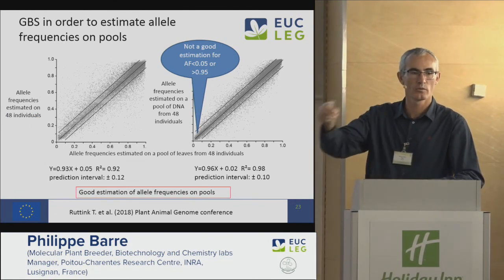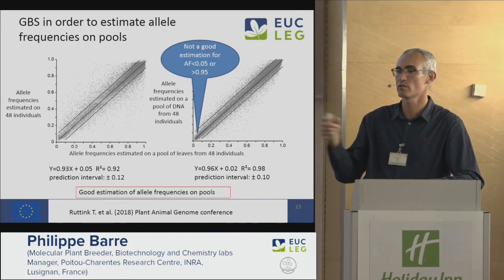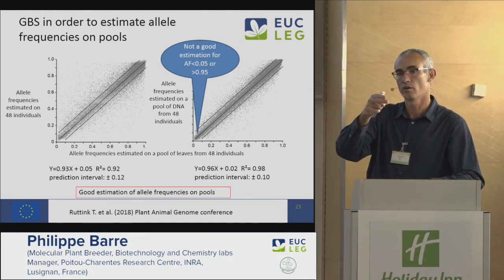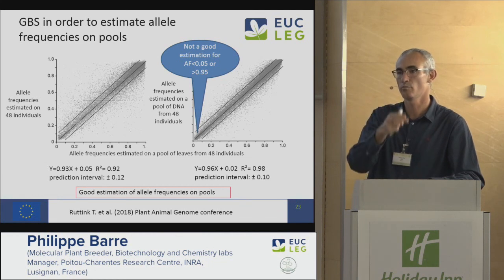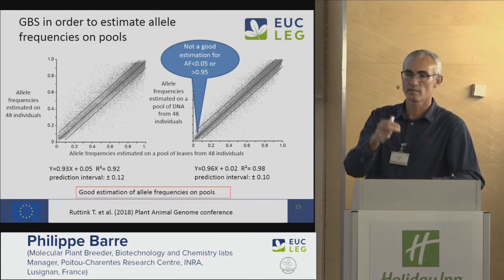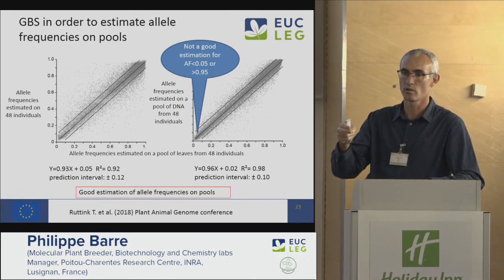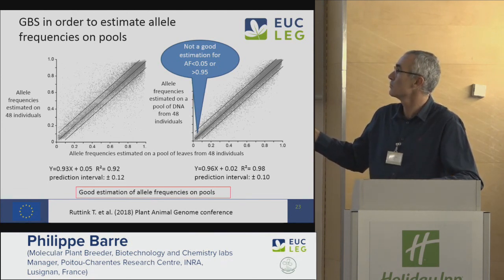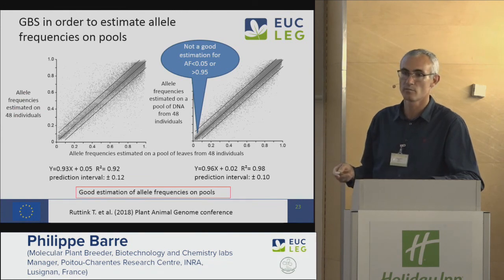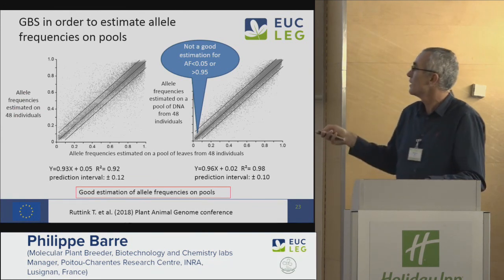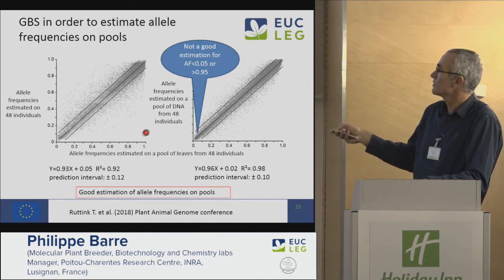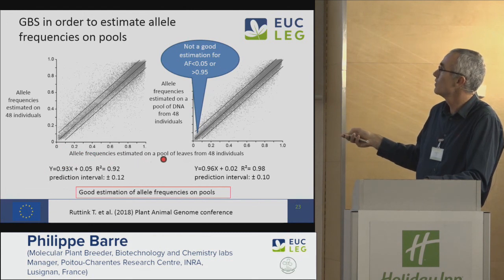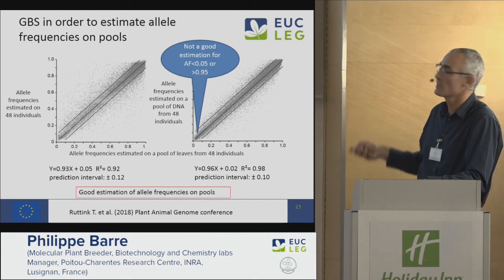So each individual was treated separately. The SNPs were obtained per individual, so DNA extraction per individual, SNP polymorphism per individual, and with 48, you can calculate the frequency of each SNP based on the individuals. And here on the x-axis, you have the allele frequency, but estimated on a pool of leaves from 48 individuals.